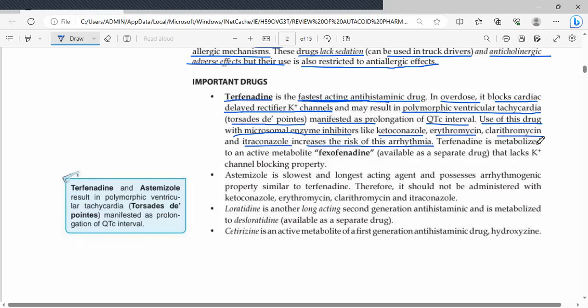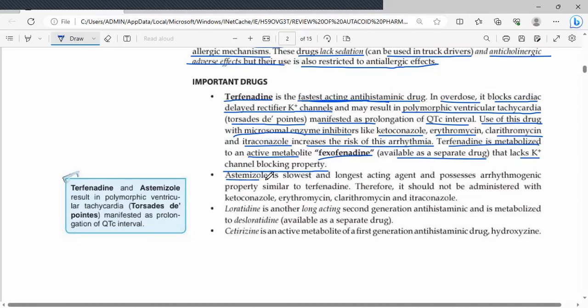However, terfenadine is usually metabolized to an active metabolite known as fexofenadine, which is available as a separate drug that lacks the calcium channel blocking property. So fexofenadine, the active metabolite of terfenadine, does not cause torsades de pointes, but terfenadine will.